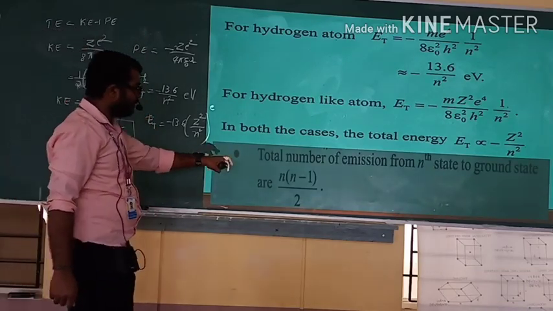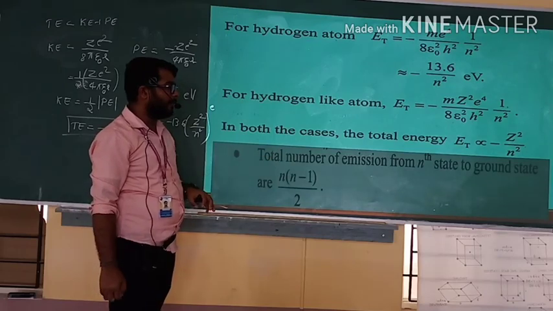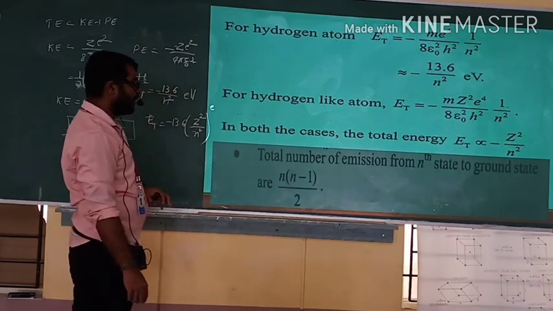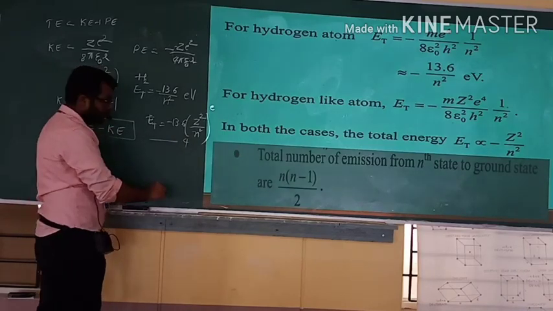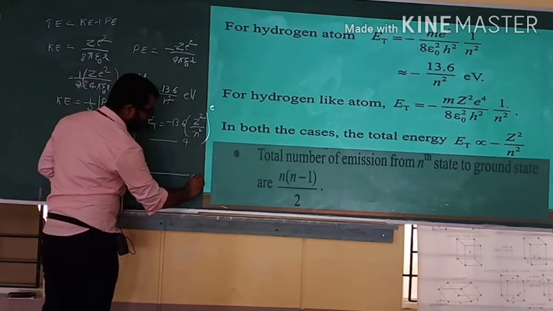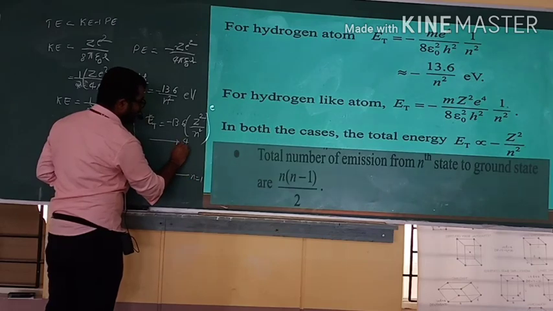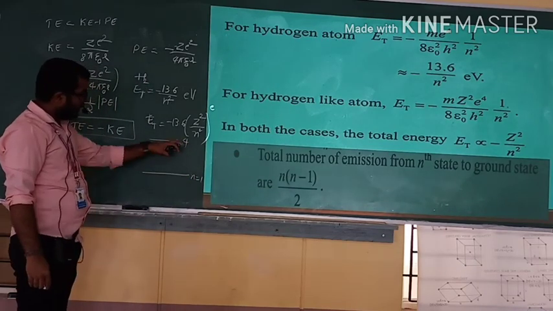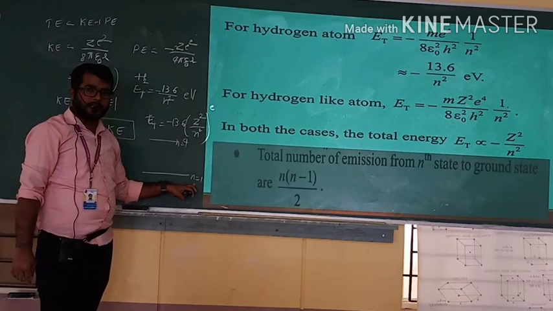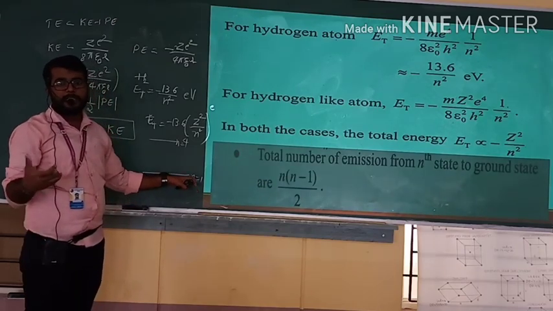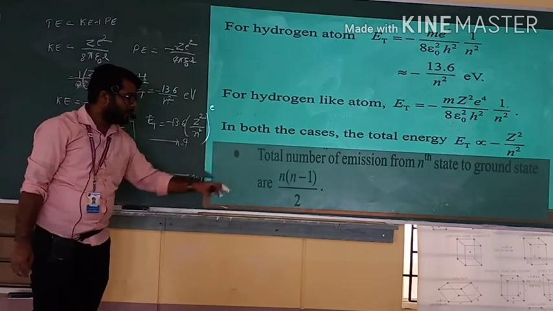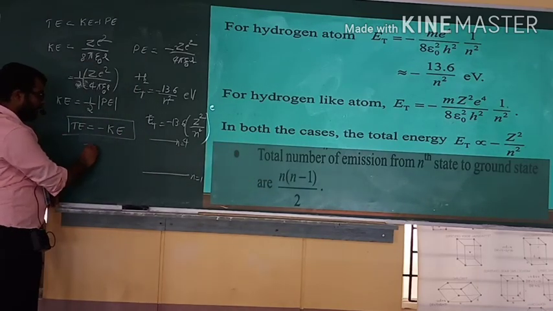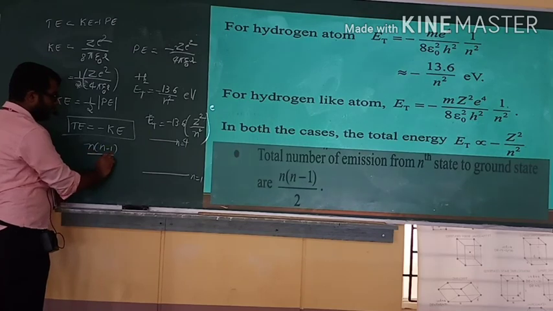Okay? So next, the total number of emissions from the nth state to the ground state. Suppose you have the n is equal to 4 state, and the ground state is n is equal to 1. From this 4th state to the 1st state, how many emission lines can be formed? That is given by n into n minus 1 divided by 2.